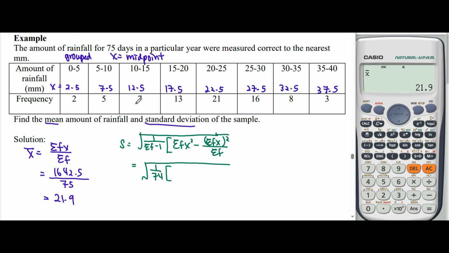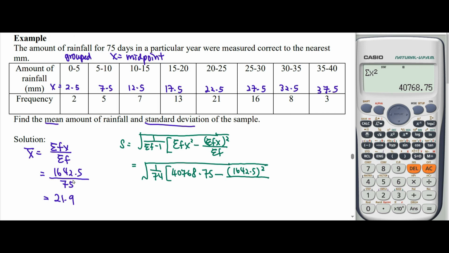So what we need here from the calculator is summation of fx squared. Sum of x squared. So this one means summation of fx squared. Then summation of fx, we found it previously.